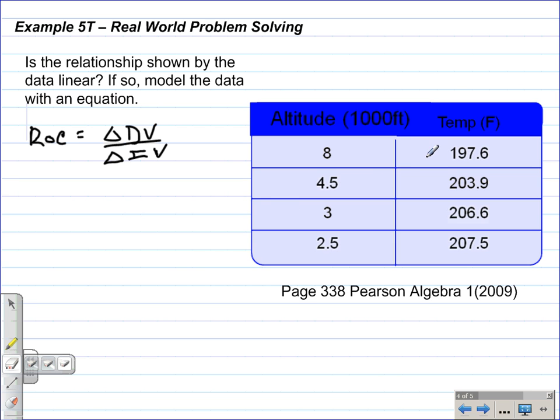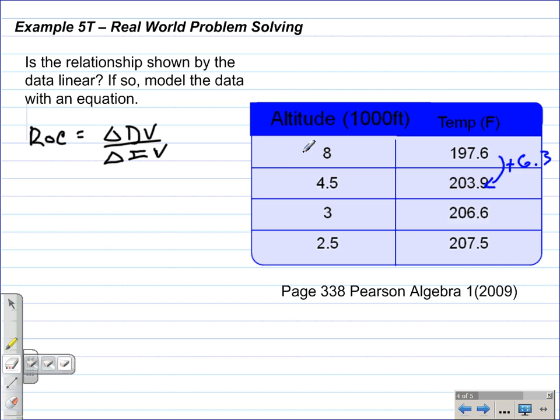So finding the change in the dependent variable here between the first pair of consecutive data, we have 197.6 to 203.9. Now, if we find that out, that's an increase of 6.3 if we subtract those values to find that difference or that increase.